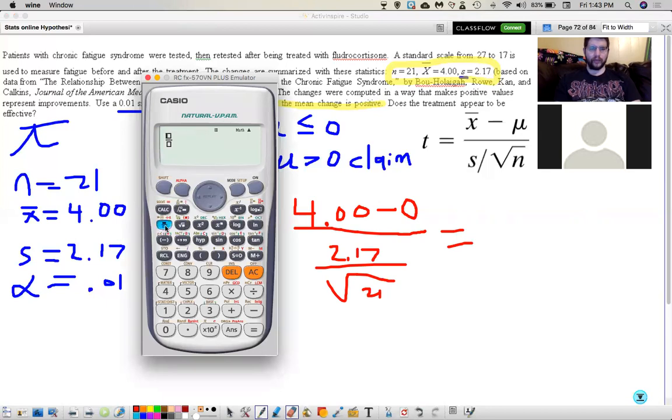Casio, let's pop it in there. 4, just do 4 because 4 minus nothing is still nothing. 2.17 square root of 21. 8.44, yeah, 7.1.